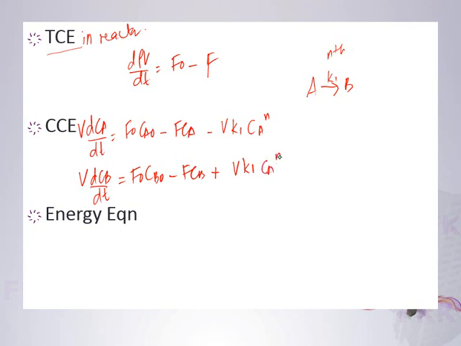Right? I think I'm more comfortable if we change this, we don't separate the V, because nothing is said about the volume, right? It's not constant, isn't it? It's d(V CA) on dt, d(V CB) on dt.